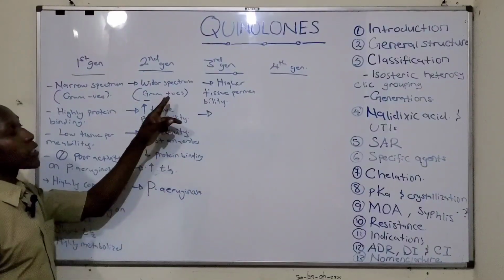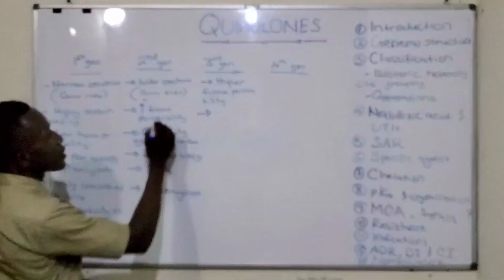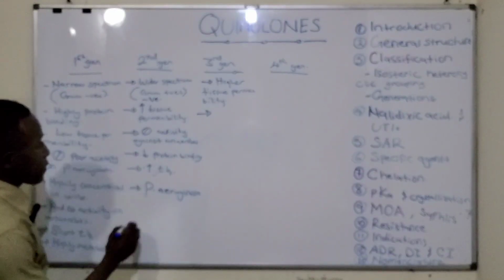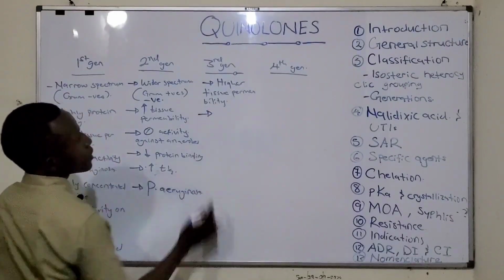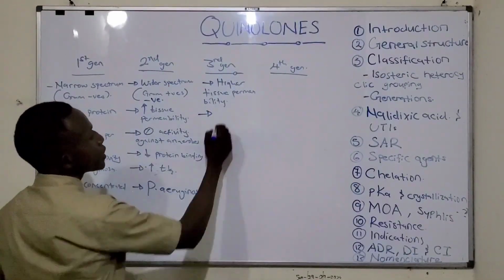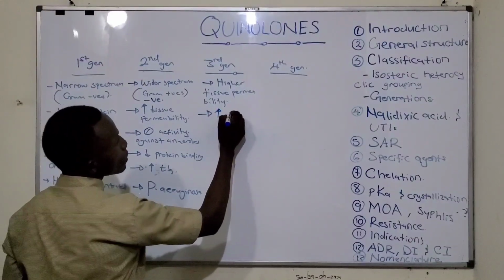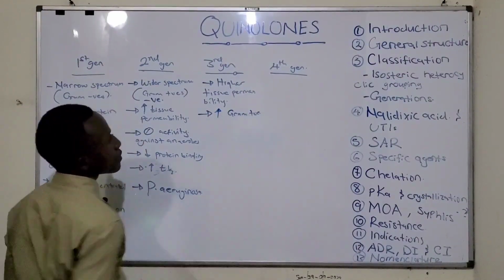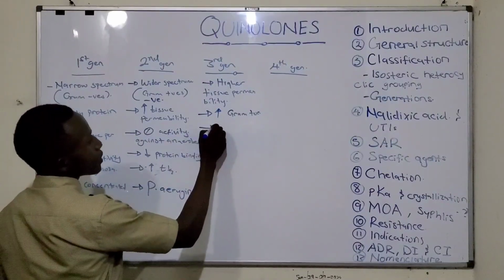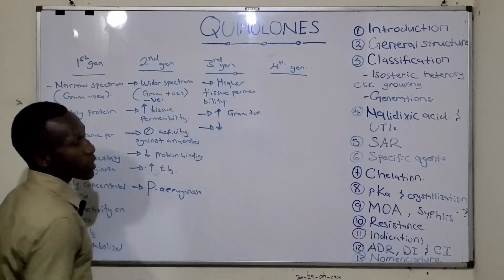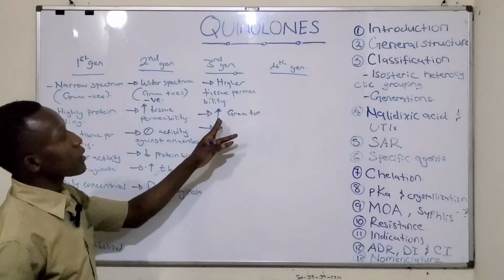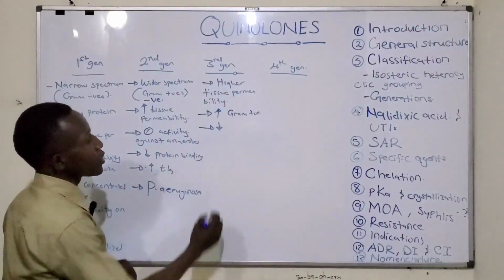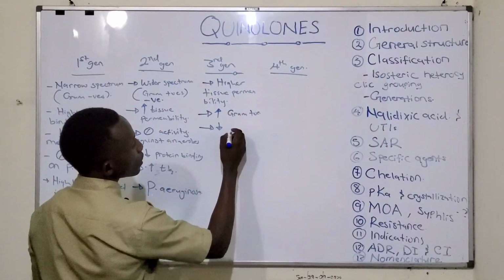Wider spectrum on gram positives, and the gram negative activity was retained. Here in the third generation, there is higher tissue permeability and improved activity on gram positives. But activity against Pseudomonas aeruginosa reduced due to the increased activity on the gram positives, from the groups which were added.